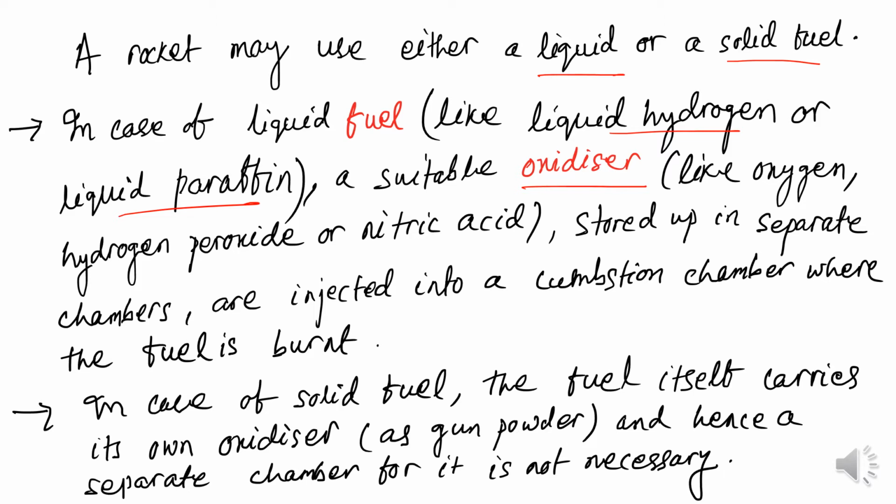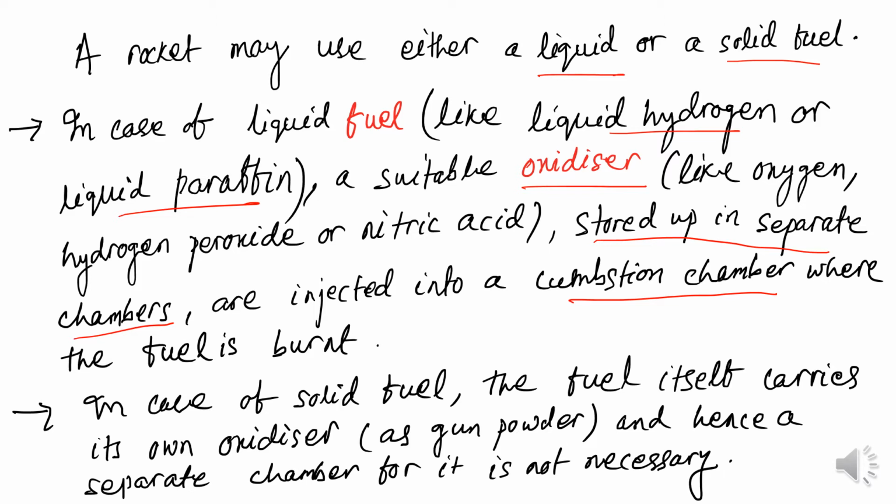These two are stored in separate chambers and injected into a combustion chamber where the fuel is burnt. In the case of solid fuel, the fuel itself carries its own oxidizer, like gunpowder, and hence a separate chamber is not necessary. Only for liquid fuel are two chambers required, one for the fuel and the other for the oxidizer.